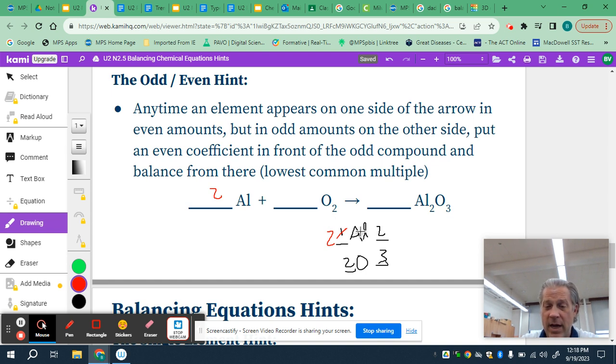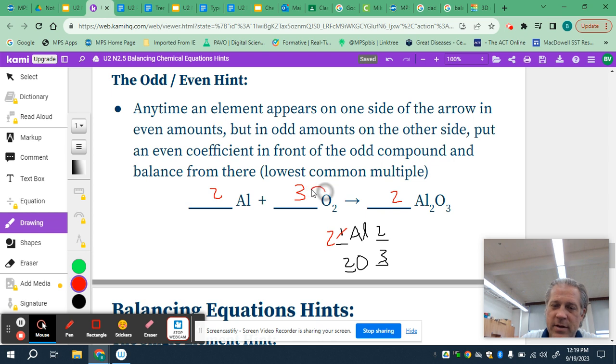Now I have an even number of oxygens and an odd number of oxygens. So the odd even hint says that I'm going to take this value right here, which is 3, and place it as a coefficient here. And this value right here, which is a 2, and place it as a coefficient here.